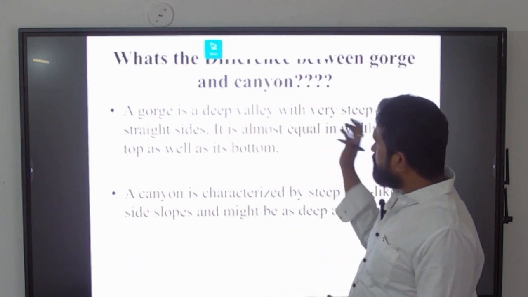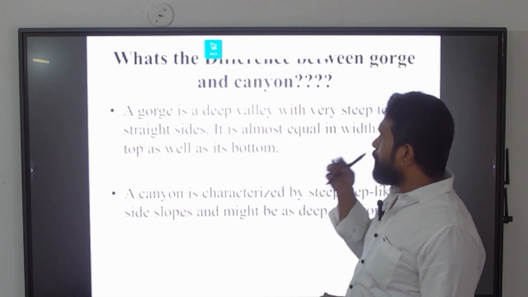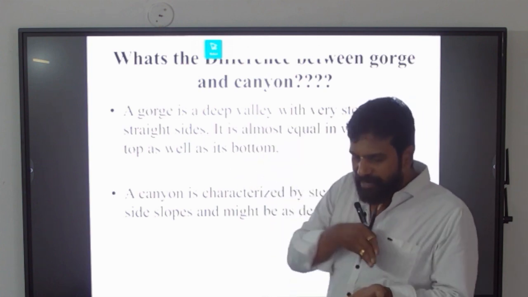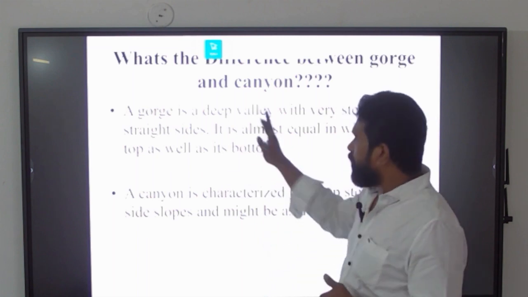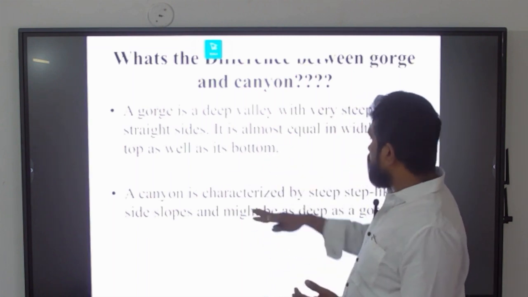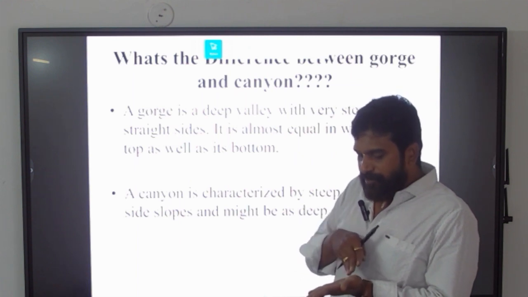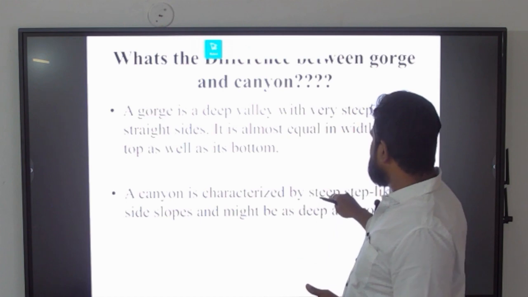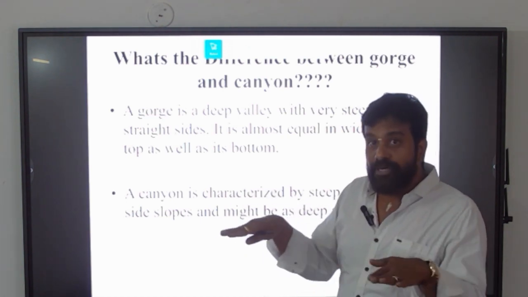What is the basic difference between gorge and canyon? When a river erodes and makes a deep valley, that is called a gorge. But in a canyon, the river also erodes the crust, but steep step-like slight slopes will be there, and that is called a canyon.